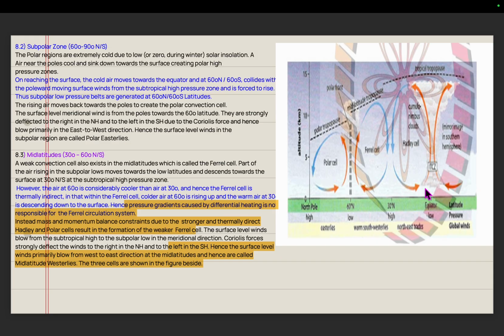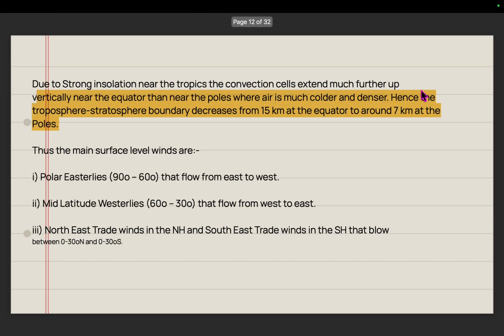Maybe it is due to the fact of how long an air parcel can go up and then decrease. That is why I am asking how it goes at the equator, it rises to a very high altitude. They are saying this is the stronger insolation. Stronger insolation means more solar radiation is received in that region.